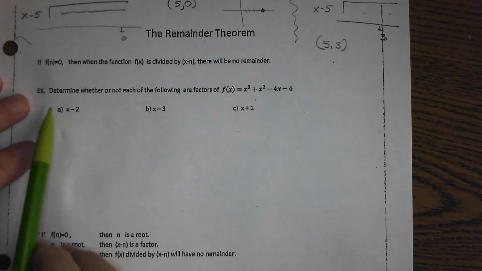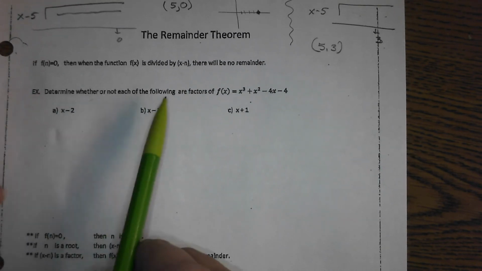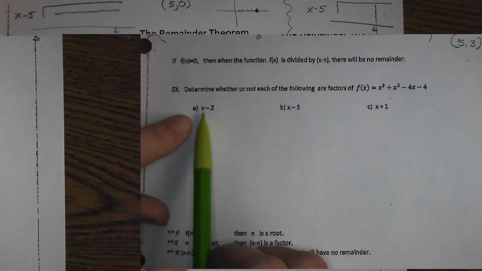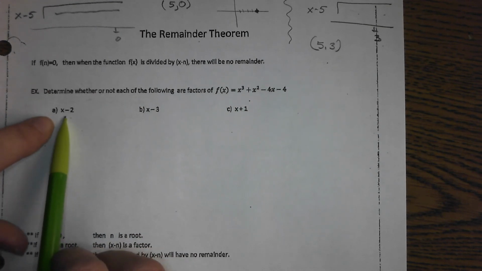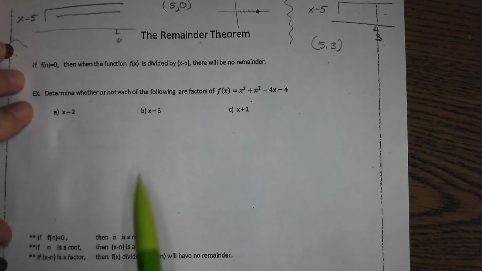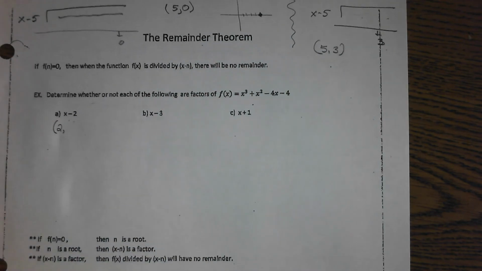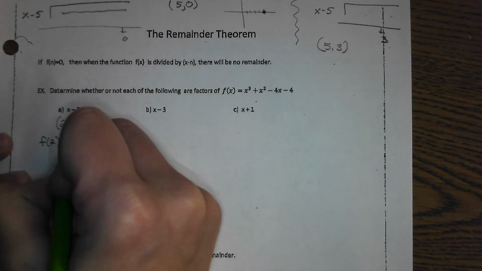I'll start with the first section that says determine whether or not each of the following are factors. Rather than doing long division to see if it's a factor, this is a shortcut. If it's a factor, then when we plug in 2, what should we get? 0. So you would check f of 2.